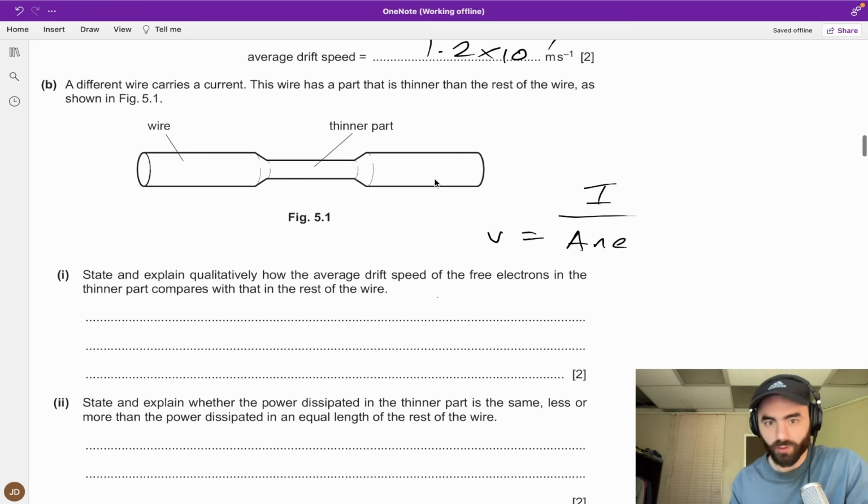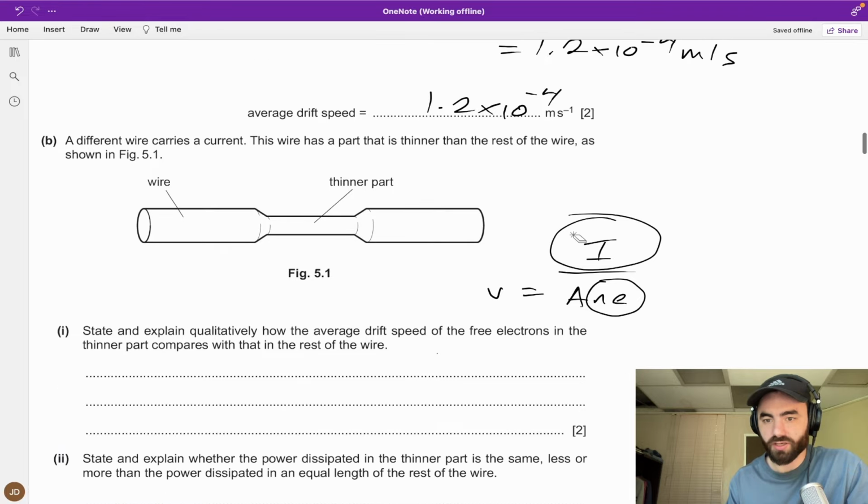Throughout the entire wire, there's going to be a constant current. The number density will also be constant, and E will also be constant. None of these things are changing, so this entire value is constant.